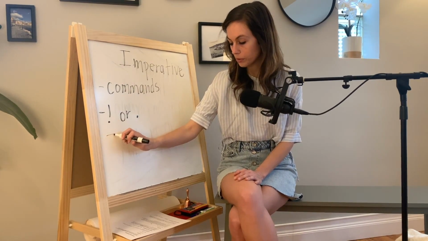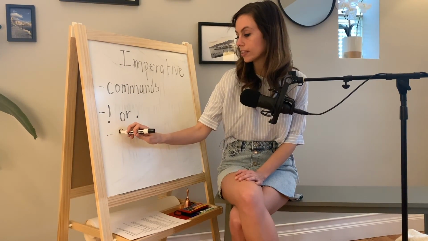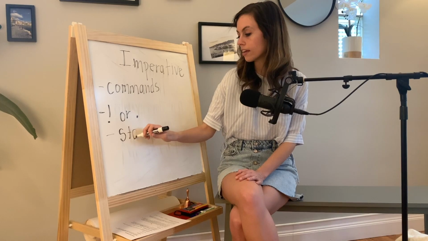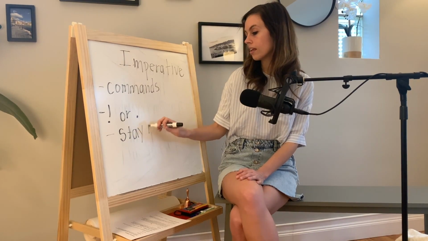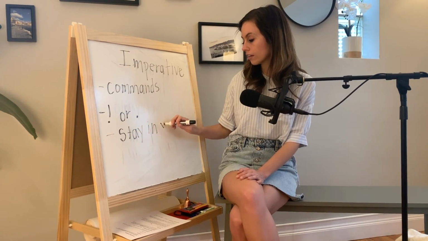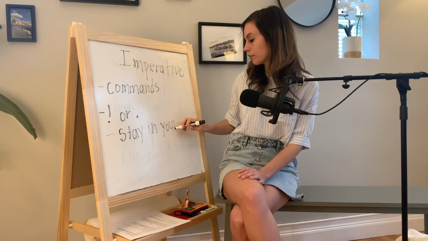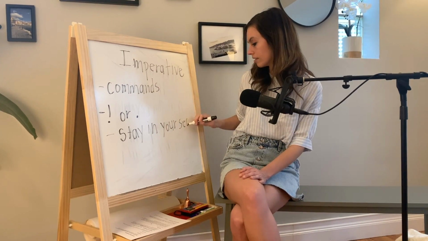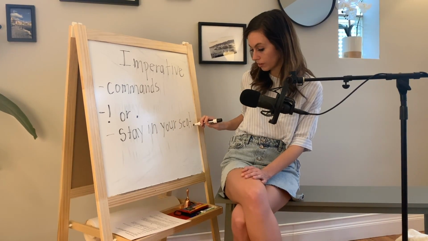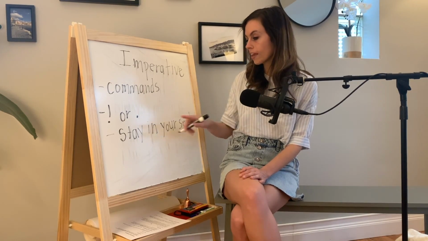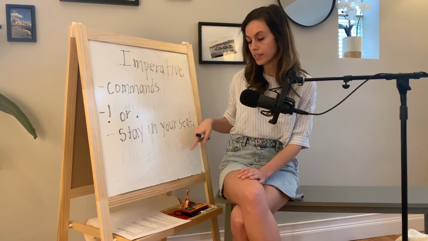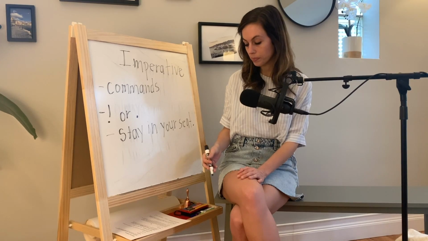So for example, you might say, stay in your seat. And I could end it in a period or an exclamation mark. And that would be a command. I'm telling you to do something.